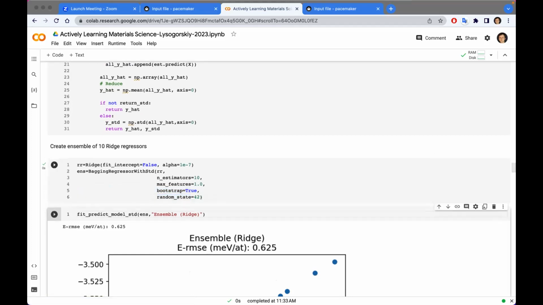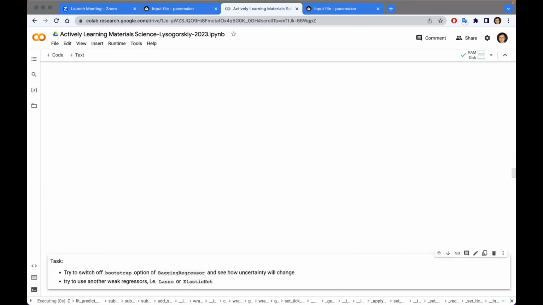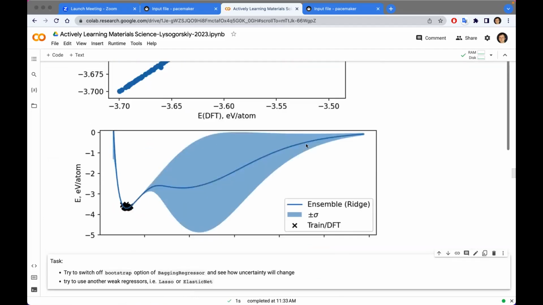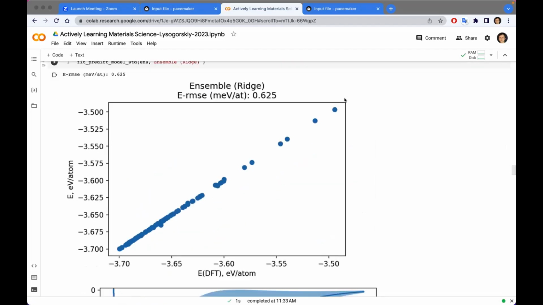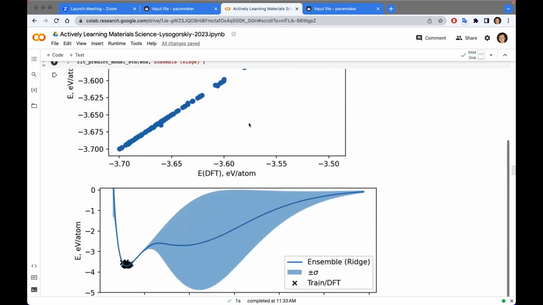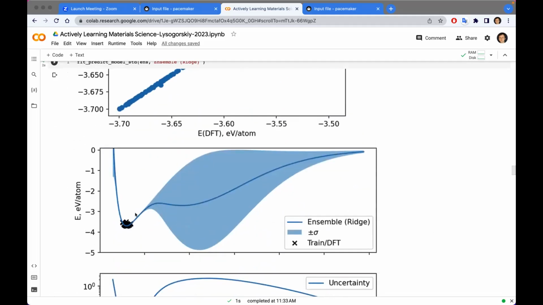And now, if we execute this, what do we see? First of all, the average prediction: perfect parity plot, diagonal line, less than 1 meV error. What else should we expect? But now, if we look, it's important to understand this plot.